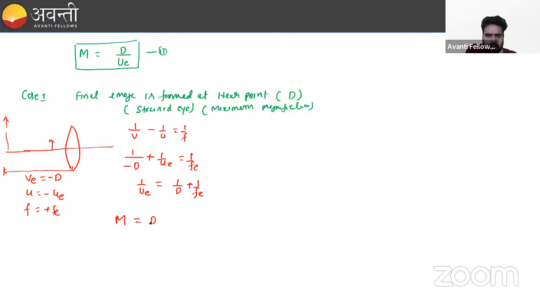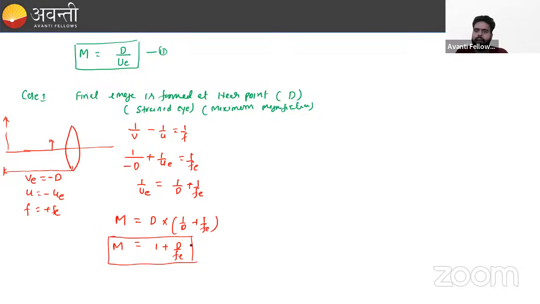The magnification is D into 1 upon UE, and in place of 1 upon UE, we can put 1 upon D plus 1 upon FE. After solving this, we can say this is nothing but 1 plus D upon FE. This is the value of magnification whenever the final image is formed at the distance of distinct vision.